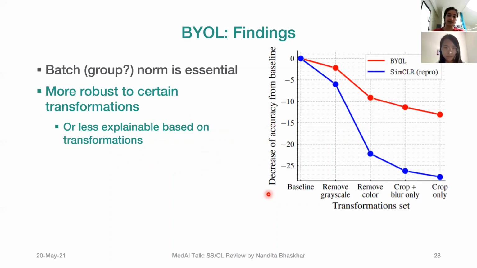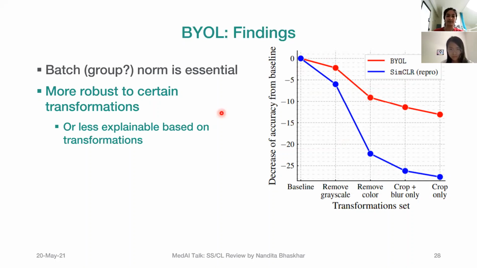One of the findings from BYOL compared to SimCLR was that it was more robust in performance to certain transformations. For instance, in SimCLR, if you remove the color transformation, the performance drops pretty drastically. Whereas Bootstrap Your Own Latent is not dependent on a particular transformation per se.